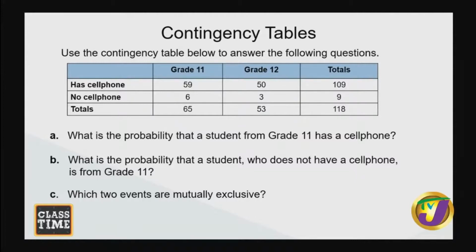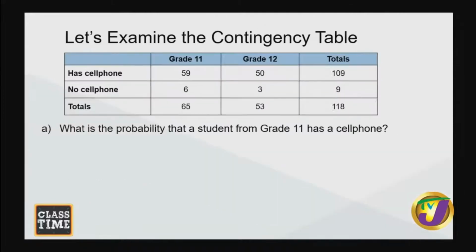Which two events are mutually exclusive? Okay, so we can explore that a little further now. The first question you asked is the probability that a student from grade 11 has a cell phone. Now, I have to be reminded of the formula as we spoke before.